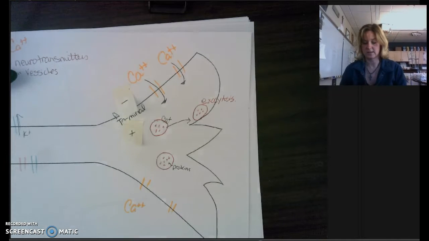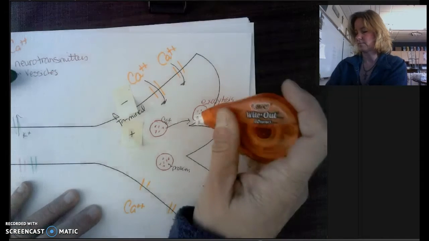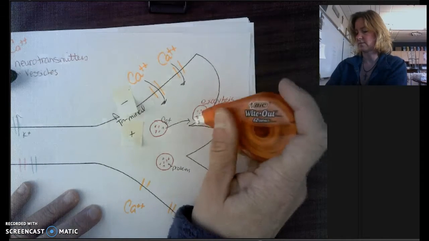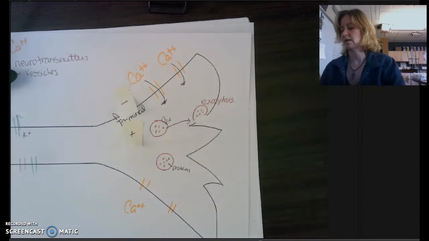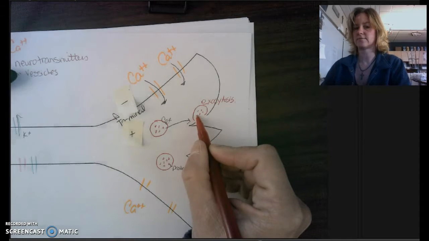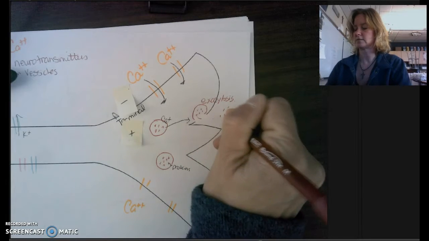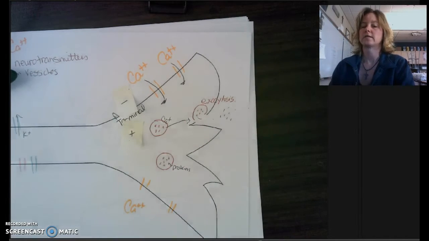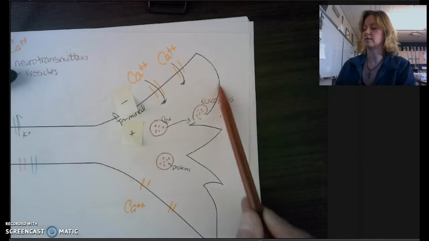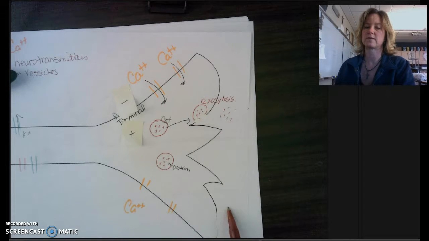Once it fuses with the neuron, it opens up, and these neurotransmitters are free to come out into the extracellular environment. All right, so now I have these neurotransmitters in this junction area, or the synaptic gap.